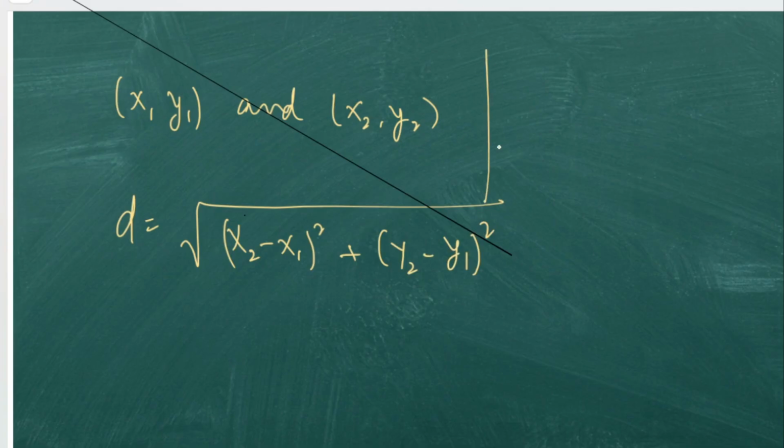Take an example. Suppose my points are 3 comma 5 and my next point is 7 comma 11. So this is x1, this is y1, this is x2, this is y2.